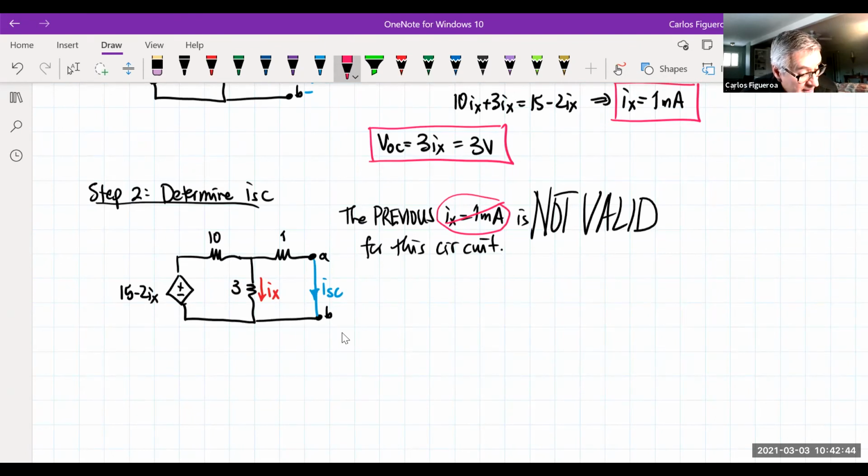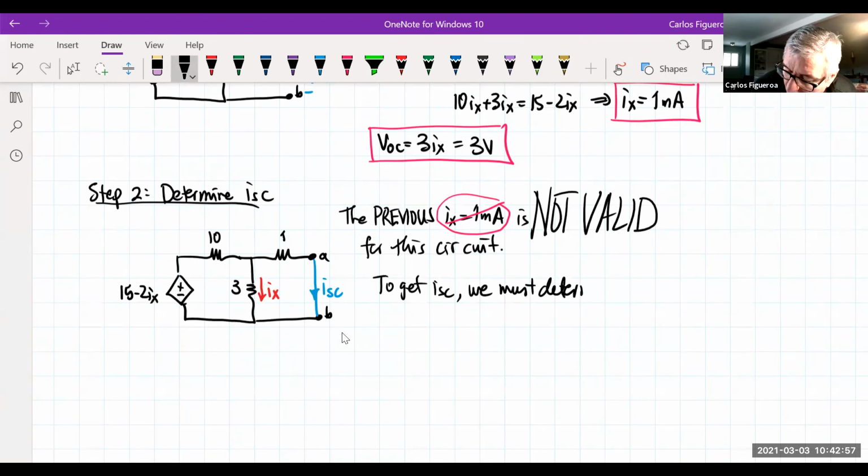So the one thing that I really got to get here is that to get I short circuit, we must determine Ix first. Okay? We got to do that first here. So the question is this here.